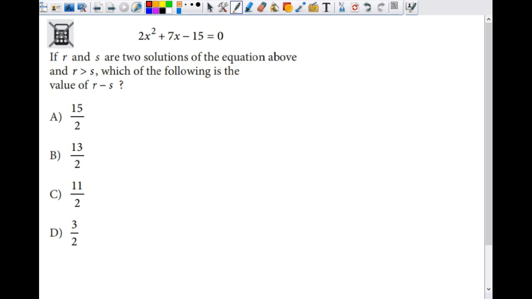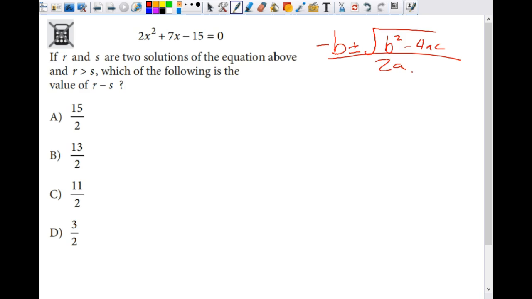Okay, so I think the most formulaic way, not necessarily the easiest way to solve these. This is PSAT practice. The most formulaic way is to use the quadratic formula. The quadratic formula is negative b plus or minus the square root of b squared minus 4ac, divided by 2a.